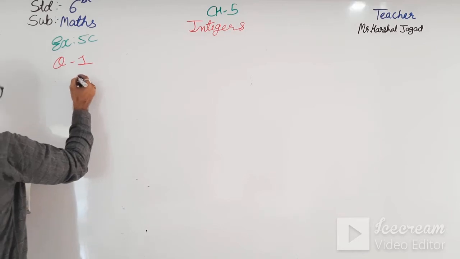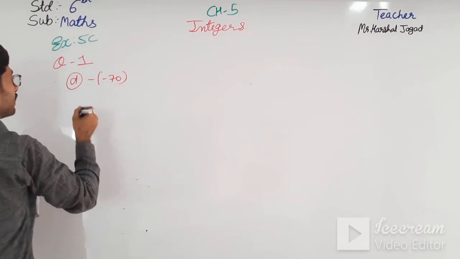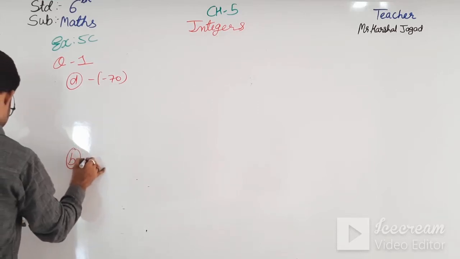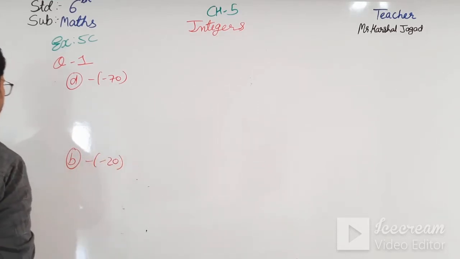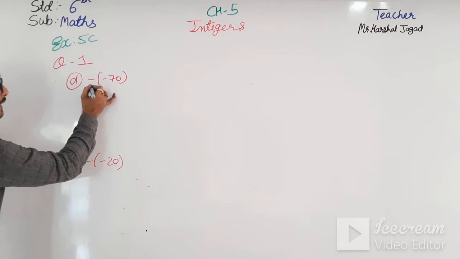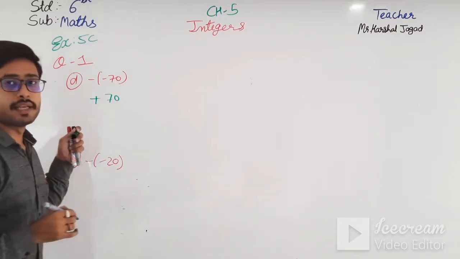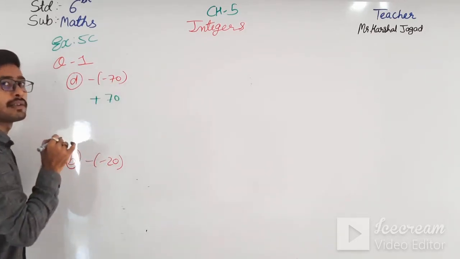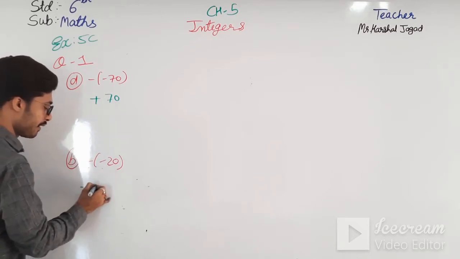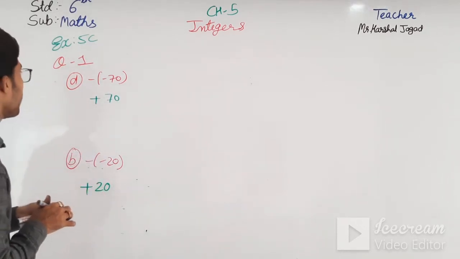In that, the D, that is minus, and D then comes B, that is minus of minus 20. From the exercise I am just solving these two. Minus minus will be plus 70. The sign will be changed. Here minus, so the sign will be plus. Here also, minus minus will be plus 20. Okay students, minus minus will be plus 20.